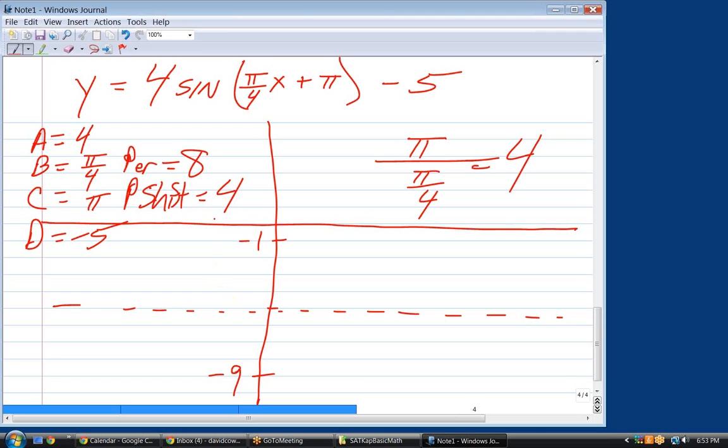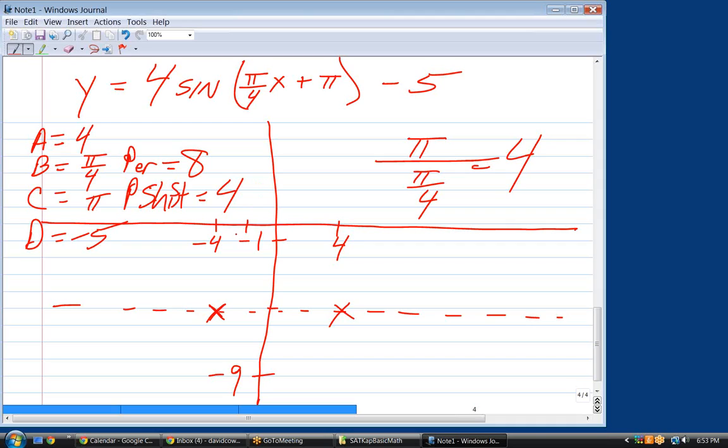So I'm going to label that minus 4 right there. This is where I'm going to start the curve, right where that x is, because I'm starting a sine curve. How big is my period? 8. So I've got to go from minus 4 to 4. That's my ending point right there.